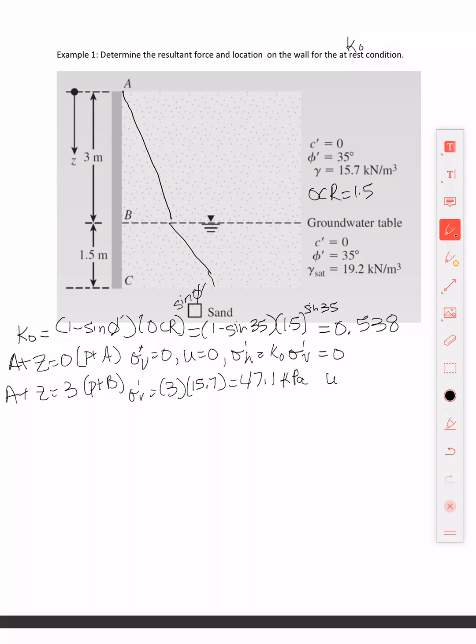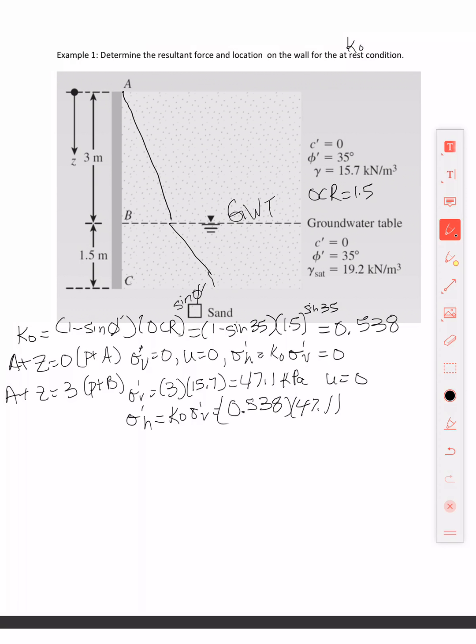And our pore pressure is still 0 because we're at the groundwater table. And our horizontal stress then becomes K naught sigma prime V, which equals 0.538 times the stress we just calculated, 47.1. And that answer is 25.34 kPa.